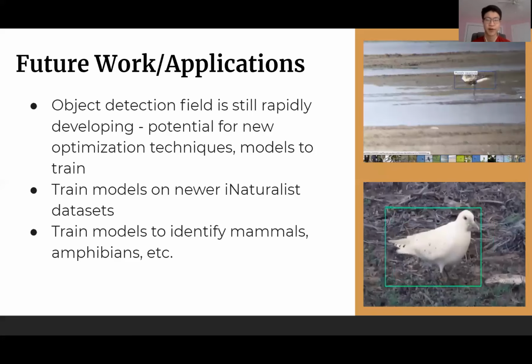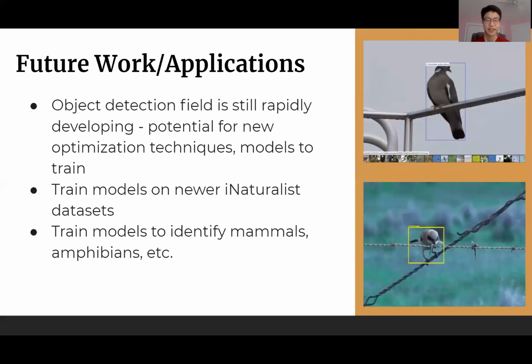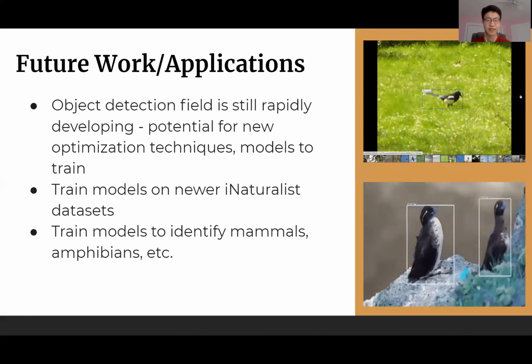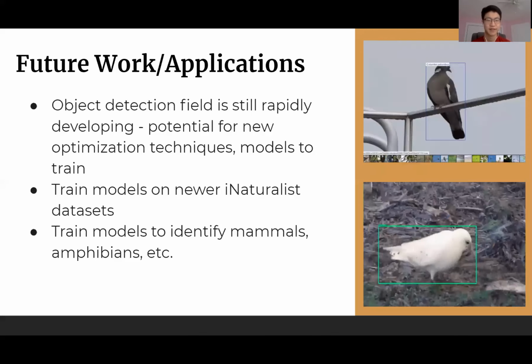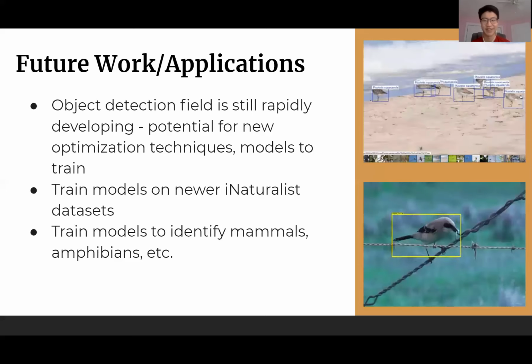And so the work and principles applied here can easily be applied to a wide range of fields. So there is a lot that can be expanded upon with this project.